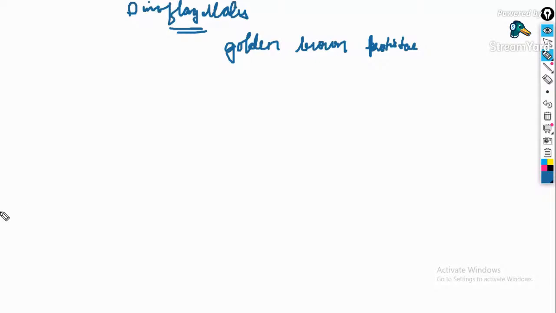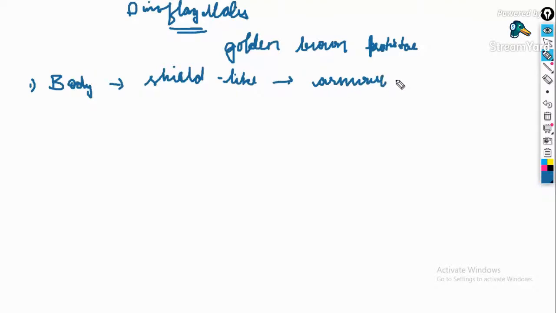Their body is, first point, their body is shield like. It is known as shield like, and this golden brown protista is known as armored protista. Hence they are known as armored protista.